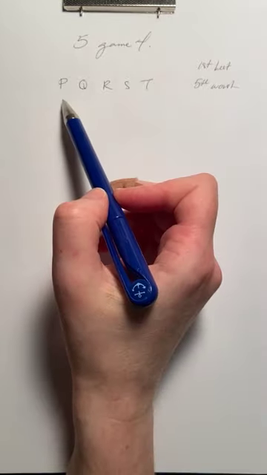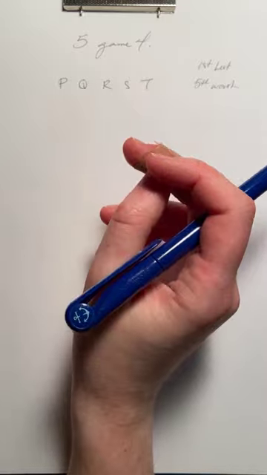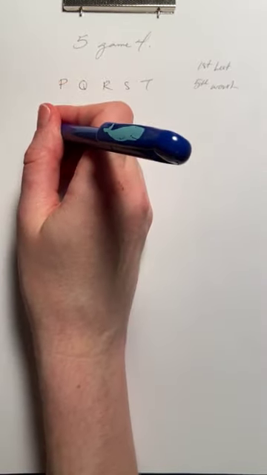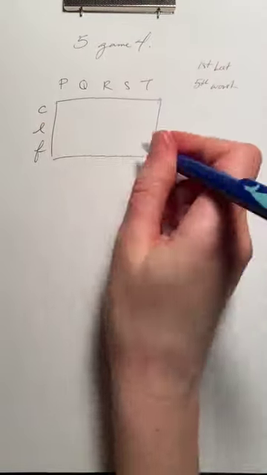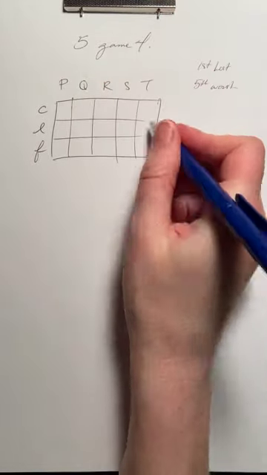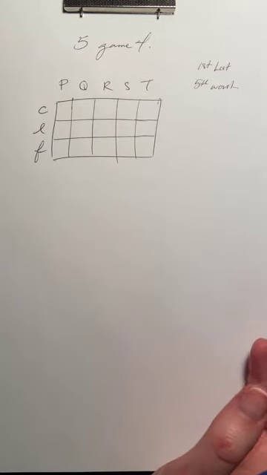So we're ranking them 1 to 5, but on 3 different criteria. So I'm going to make a grid. That's going to be the clearest way to display that, I think.